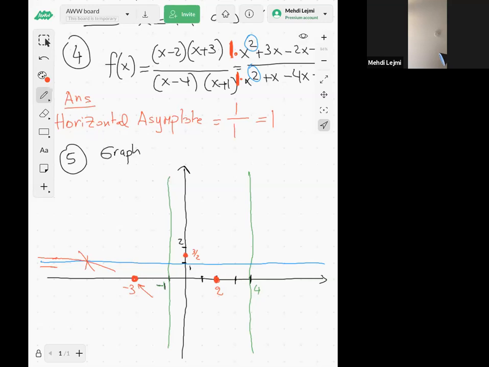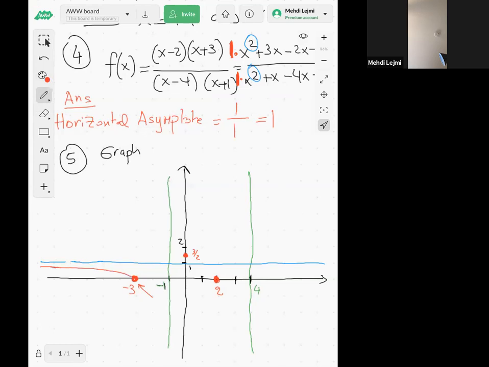You are not allowed to cross this horizontal asymptote at -infinity. So the right thing to do here is to start below the horizontal asymptote and go to our x-intercept.